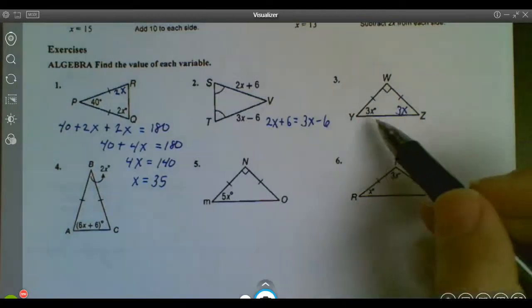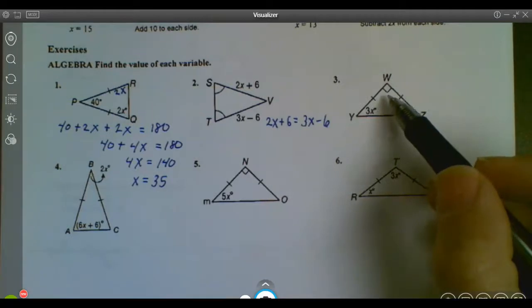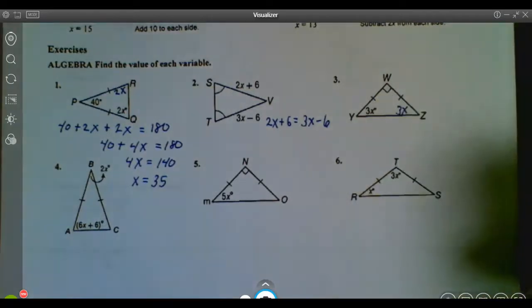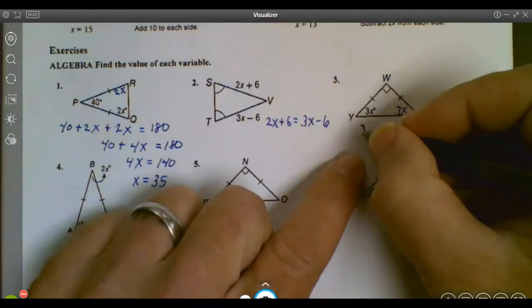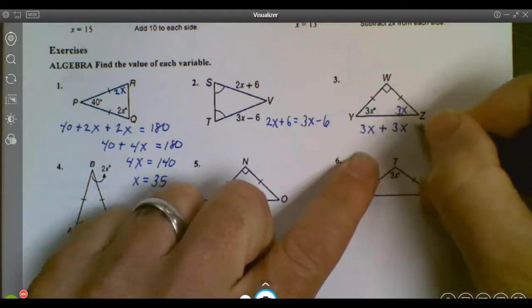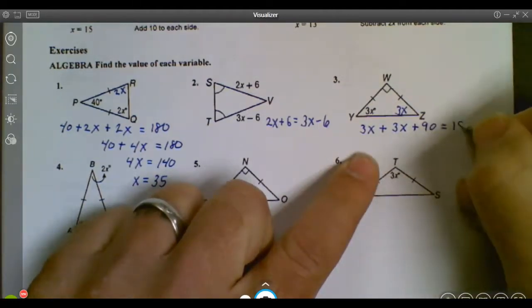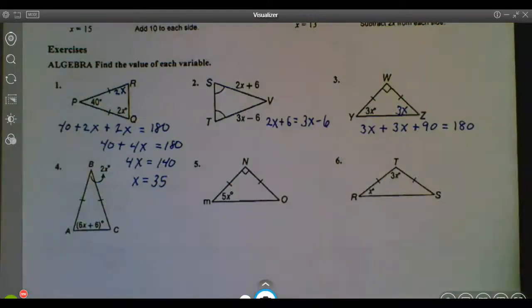And again, I know that all three angles of a triangle add to 180. They're telling me by that little mark that this is 90 degrees. All right, so let's put all that together. I know that my three angles, which are 3x, 3x, and 90, must all add to 180 degrees.